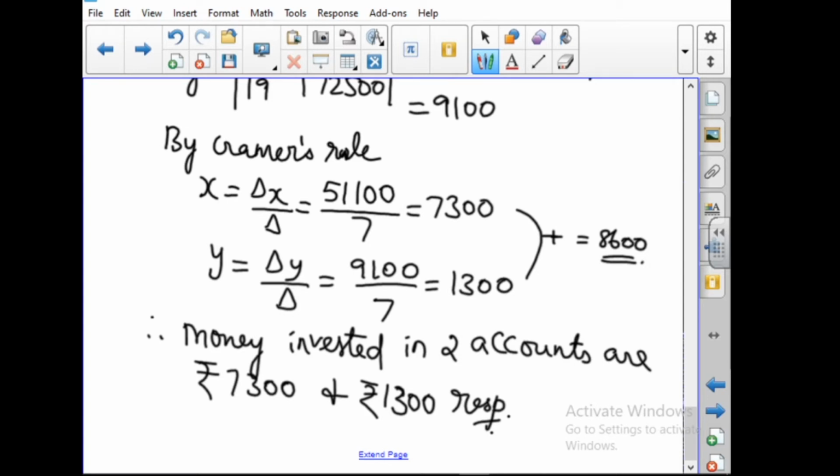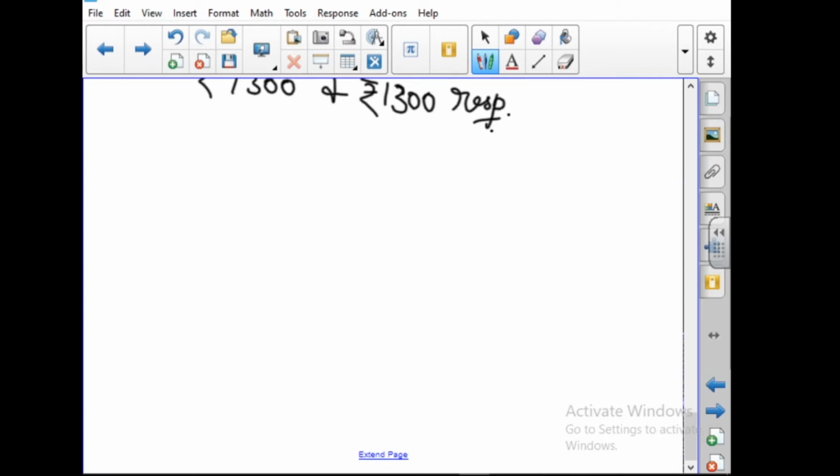Now let us move to the next problem. Problem number 5. It is clearly given that in a market survey, 3 commodities A, B and C are considered. In finding the index number, some fixed weights were assigned to the 3 varieties in each of the commodities.